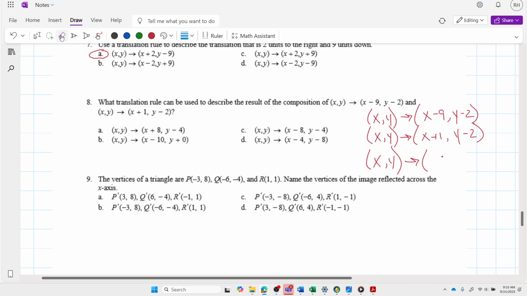So we're going x minus 8. And in the y's, we've got negative 2 minus 2, so it would be y minus 4. So after 2 moves, this is your composition. We're going to end up going a total of 8 left and 4 down. So minus 8 and minus 4. Answer choice C.